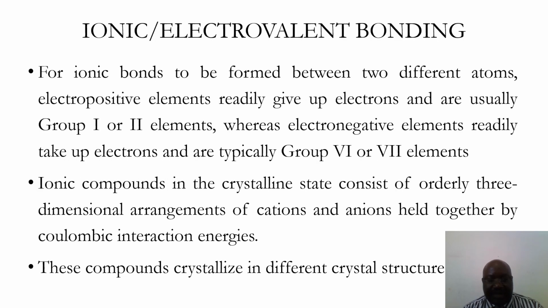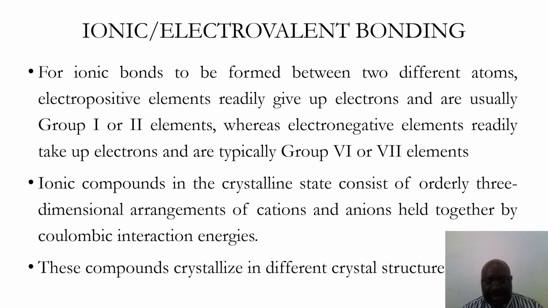Ionic and electrovalent bonding. For ionic bonds to be formed between any 2 atoms, electropositive elements readily give up electrons and are usually group 1 or group 2 elements, as we have said before, whereas electronegative elements, like fluorine, which had 4.0, and chlorine, readily take up electrons and are typically group 5, 6 or 7 elements.